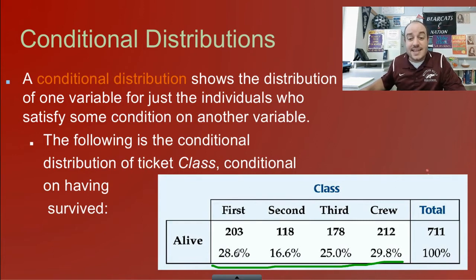Now that percent is simply taking the total number of alive individuals that fell into that class and dividing it by the total number of people that were alive. So for example, this 16.6 is the percent of all of the people that lived that were second class. So again, I could reword that by saying 16.6% of the people alive were second class ticket holders.